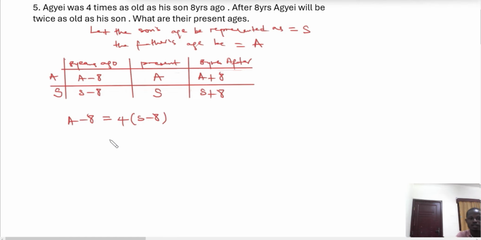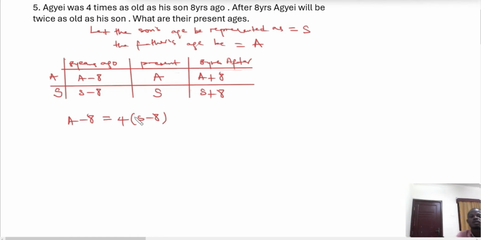This is our first equation for 8 years ago. We read through the statement to get this: Agir 8 years ago was 4 times as old as his son 8 years ago, and his son's age is S minus 8.